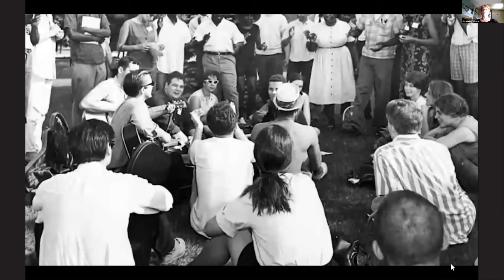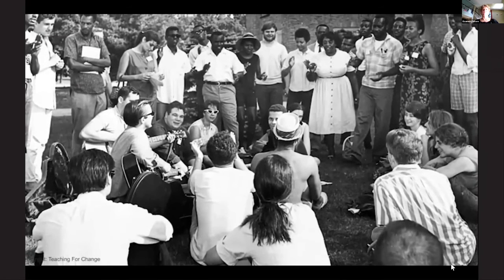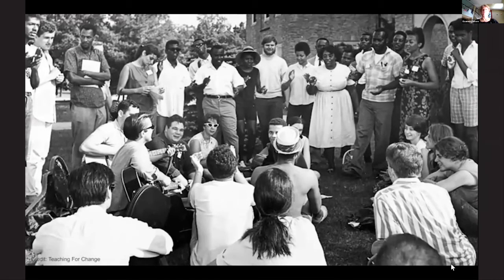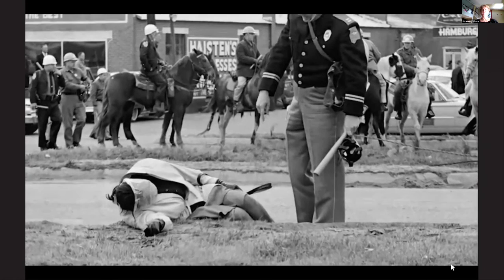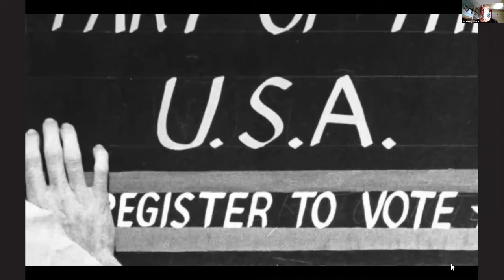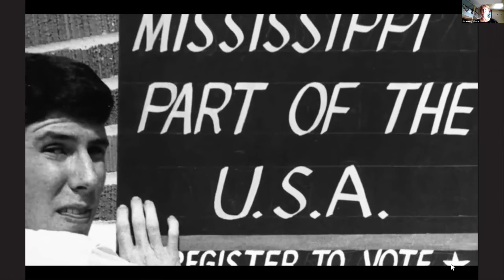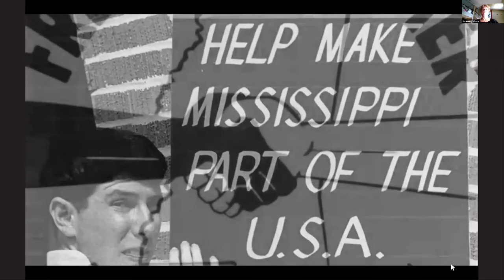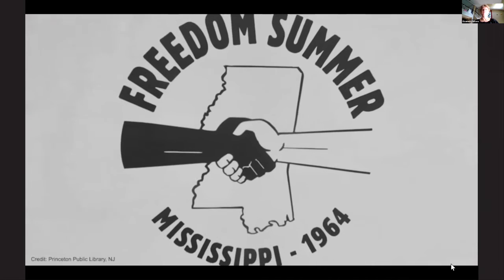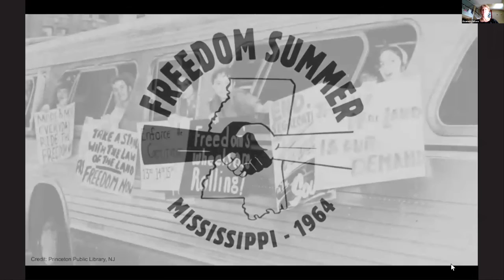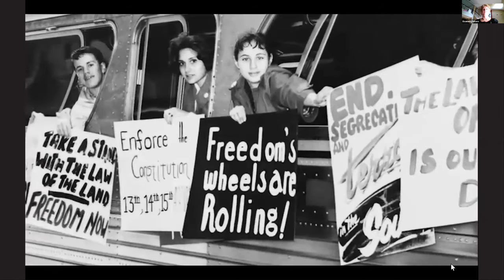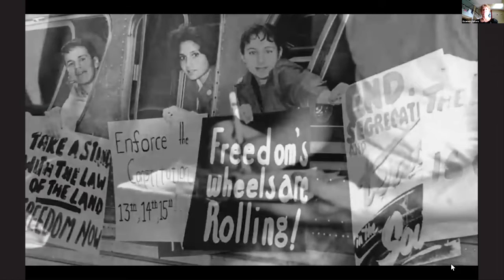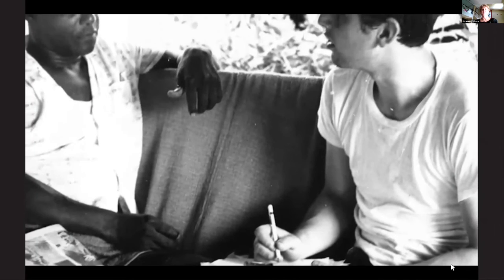The campaign was focused on a state with one of the largest black populations in the country and a horrific record of minority persecution: Mississippi. This project came to be known as Freedom Summer and was marked by blood, tragedy, and triumph. Freedom Summer volunteers, many of them young white college students, traveled south to register eligible voters, teach young black students in freedom schools, and most importantly, to draw attention from the media.